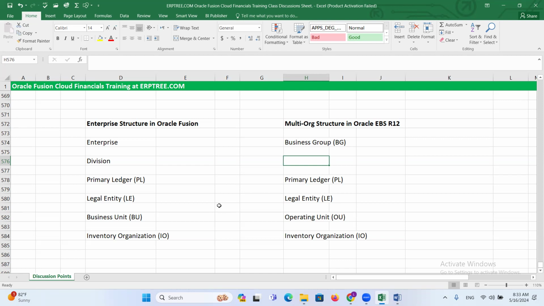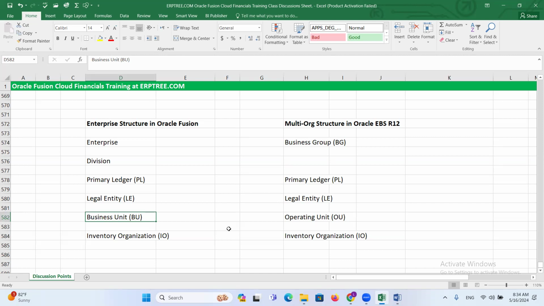Done. And the primary ledger, what we have in EBS, as it is we have in Fusion applications also. The legal entity, the naming convention and all, they moved to Fusion as it is. Whatever we call an operating unit in EBS, the name they changed in Fusion to business unit. The behavior, functionality, usage, purpose all remain the same.